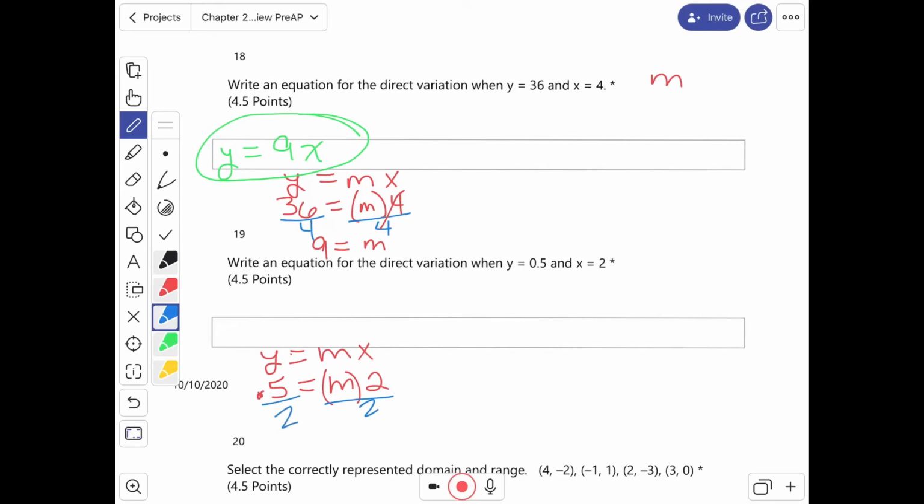So I'm going to be dividing by 2 on both sides. 0.5 divided by 2, it's kind of like we're taking half of 50 cents.